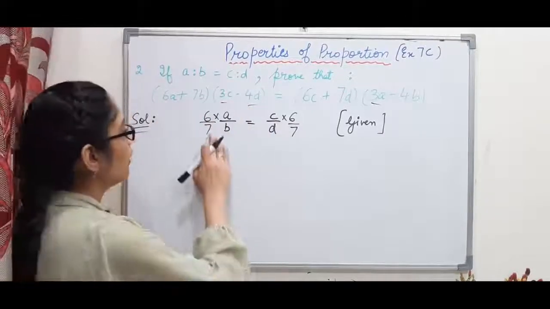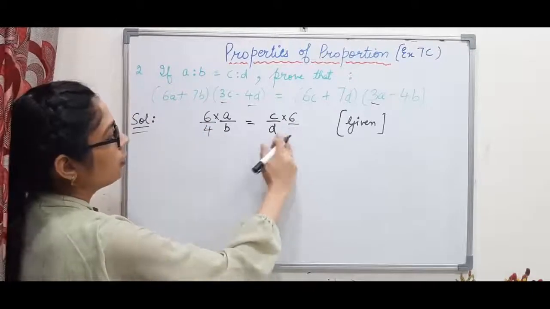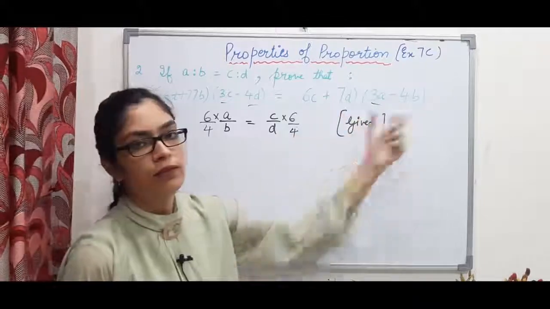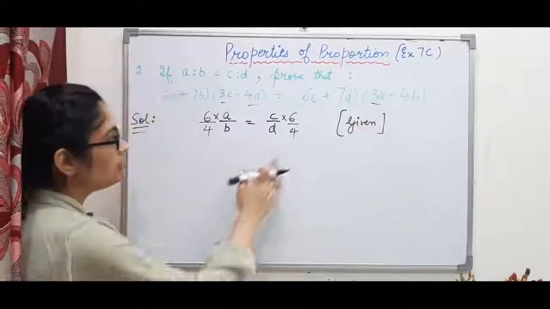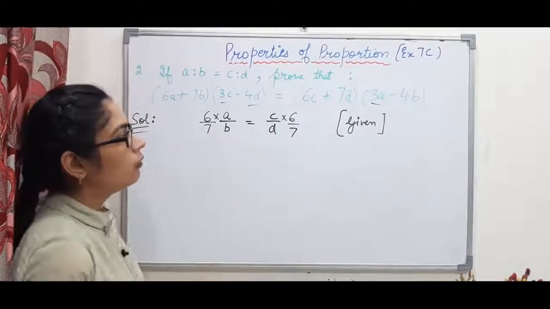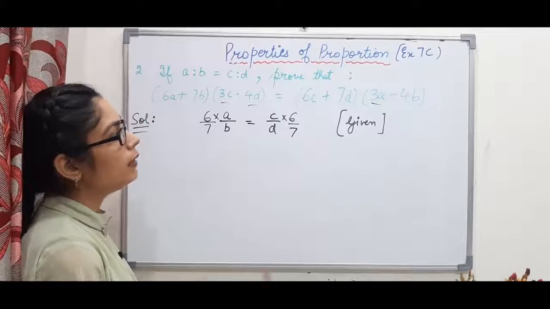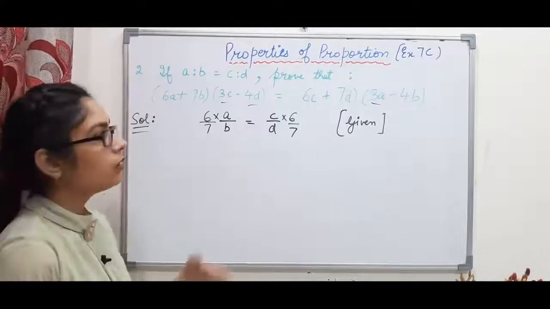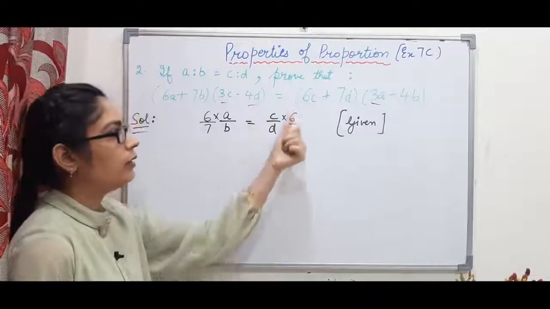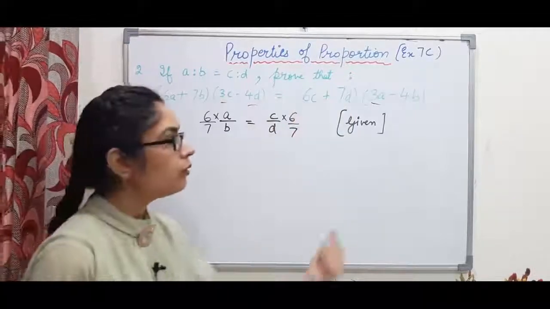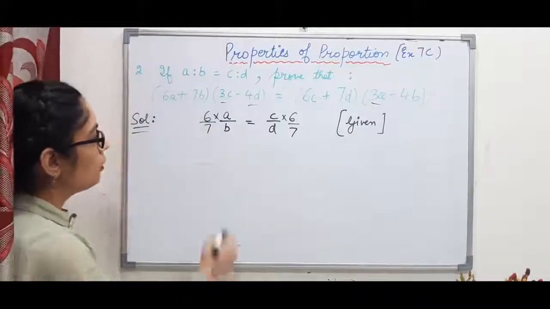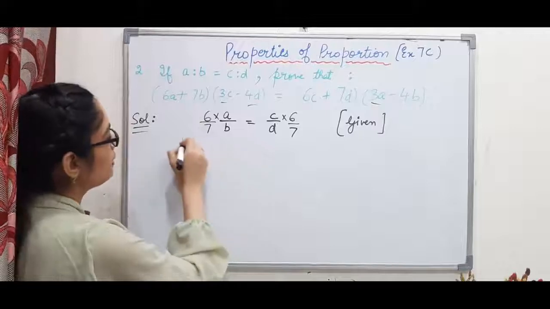The reason is that 6 and 7 are together, 3 and 4 are together. So accordingly you have to decide with which number you have to multiply. So it will be 6 by 7, not 6 by 4 or 3 by 6, 3 by 7. The numbers which are written together, make sure you are multiplying with that number only. So multiply accordingly.